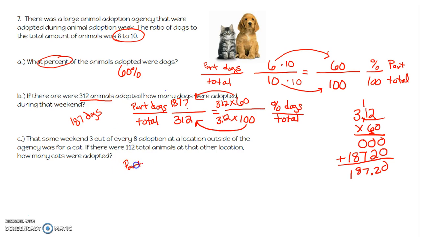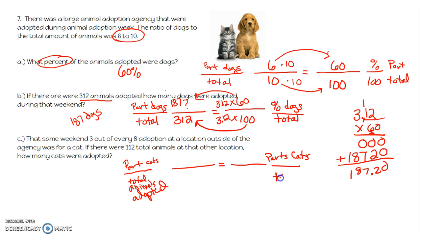So for this one, we care about the part that were cats out of the total animals adopted. So we know 3 out of every 8 adoptions were cats. 3 out of every 8 were cats.